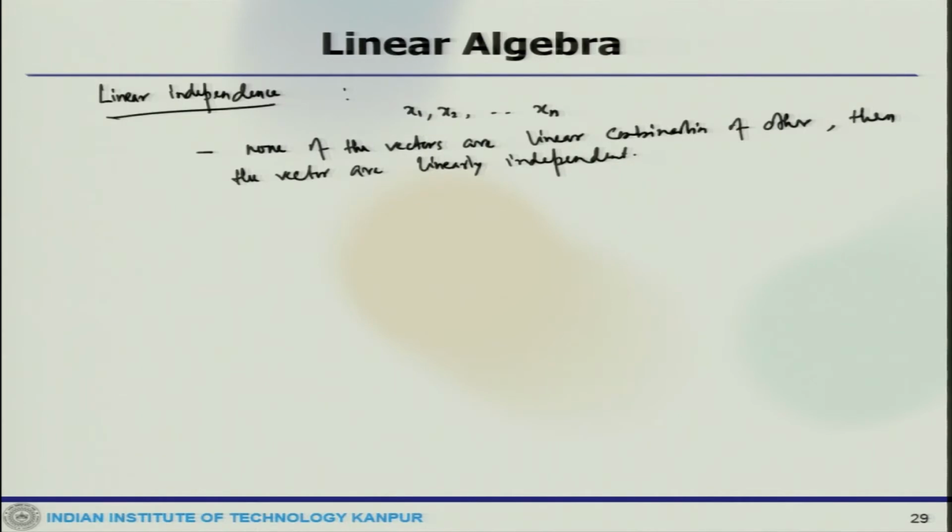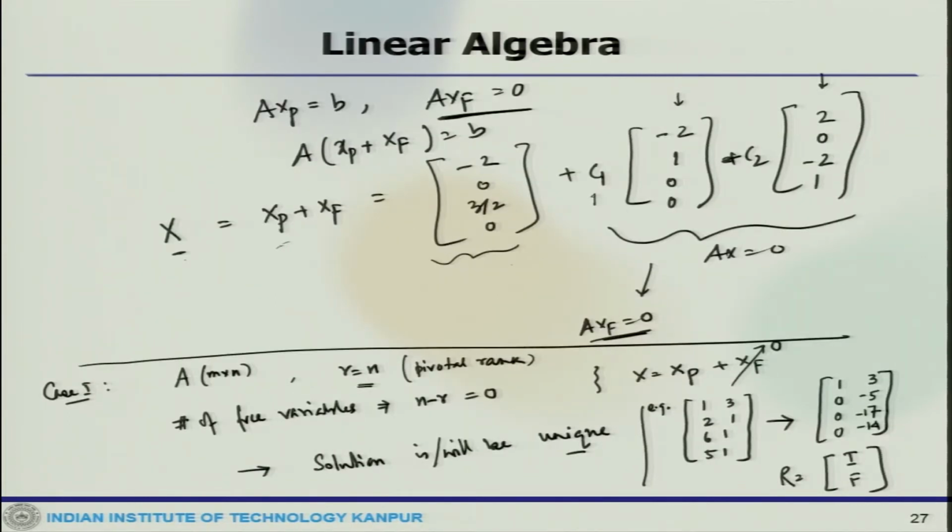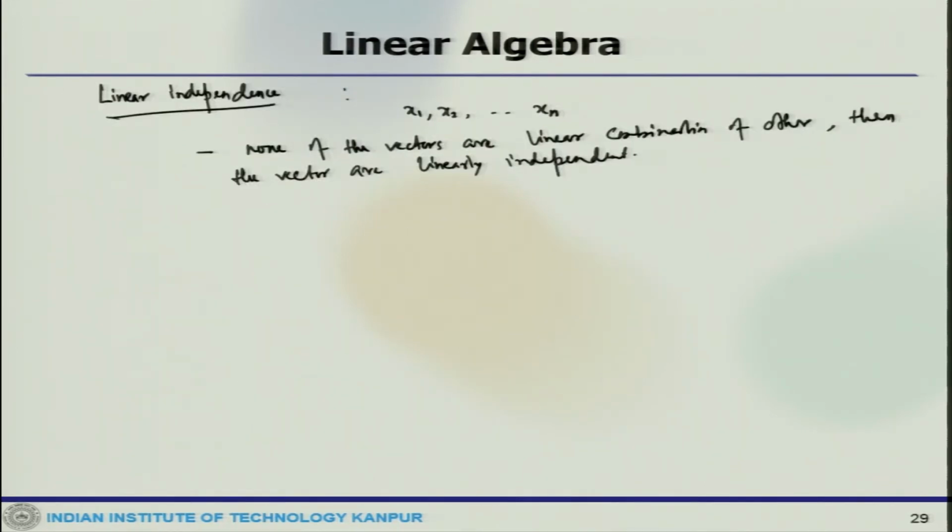We have been looking at this in the column space. If none of the columns is a linear combination of the other columns, then all the columns are independent and we can get full pivotal rank, which would be the case where r equals n. Mathematically, we can write for any scalars c1 x1 plus up to cn xn equals 0, this is possible for linear independence if and only if all ci are 0.